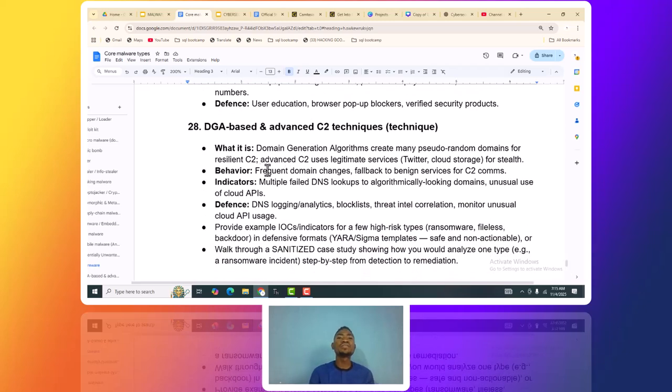Some of the behaviors are frequent domain changes, fallback to legitimate services for C2 comms, multiple fake DNS lookups for algorithms, or unusual use of cloud APIs. These are examples that indicate a DGA, or domain generation algorithm-based, or advanced technique.